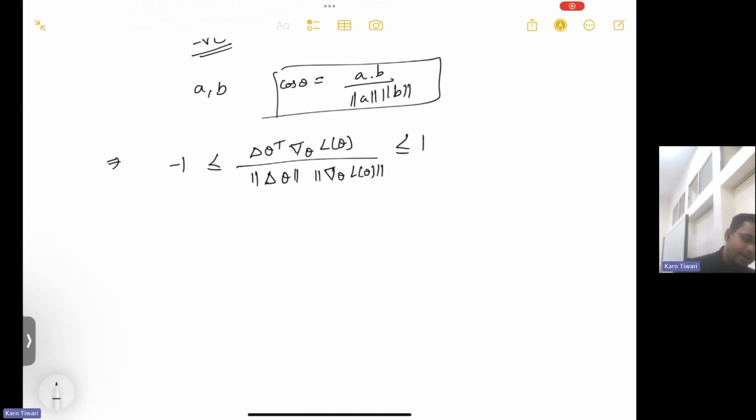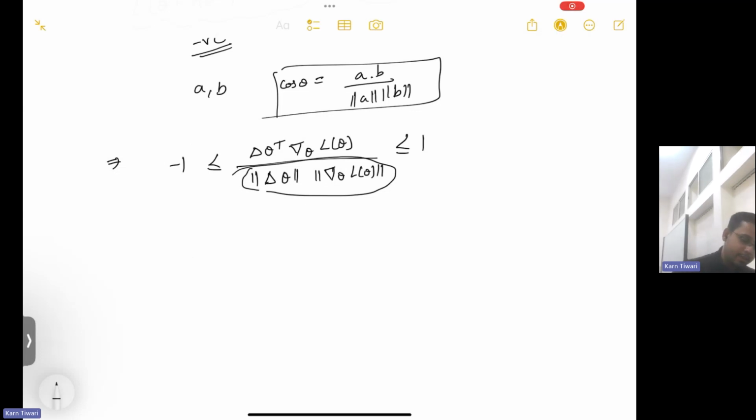Now we want to find del theta. So basically, this is the angle.